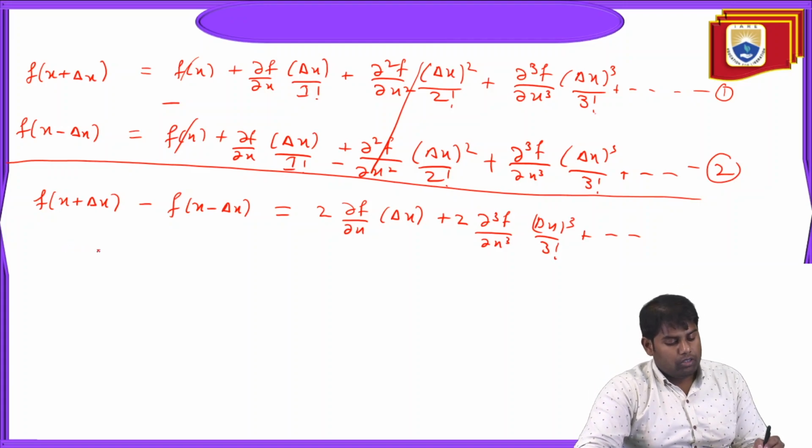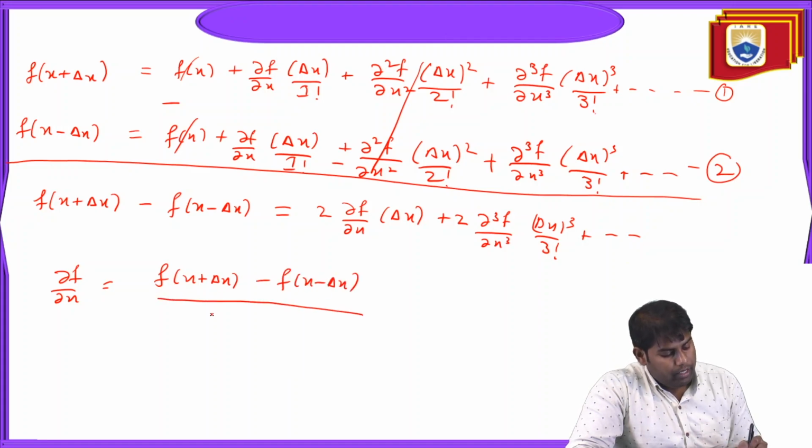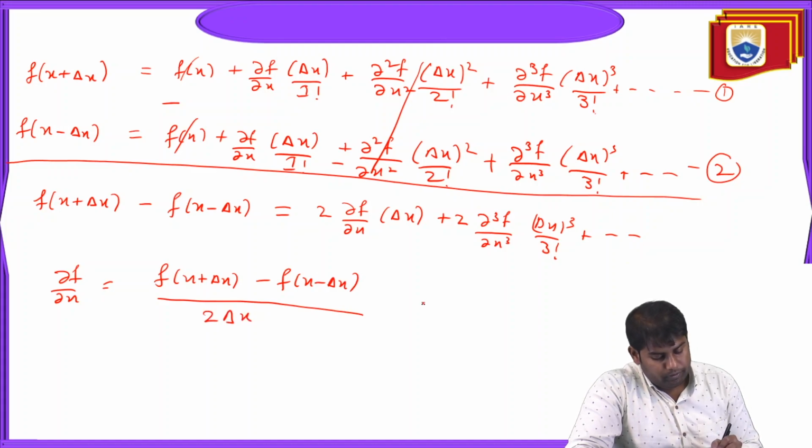Now when we rearrange, ∂f/∂x is equal to f of x plus delta x minus f of x minus delta x divided by 2 delta x, minus ∂³f/∂x³ into order of delta x squared divided by 3 factorial into 2, plus so on.